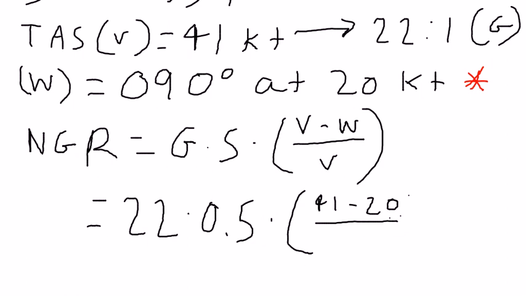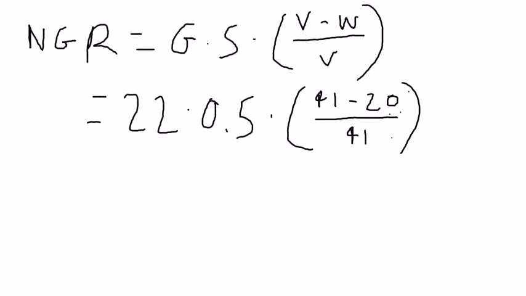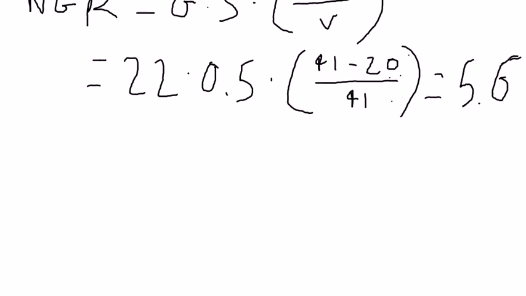But for the purposes of our calculations, we're going to assume this is a direct headwind. So you can do this calculation, and we get a usable glide ratio of 5.6 to 1. That's pretty crappy. We could probably do better in a Cessna, but this is just to show you how to do a cross-country flight, so we're going to use that for now.